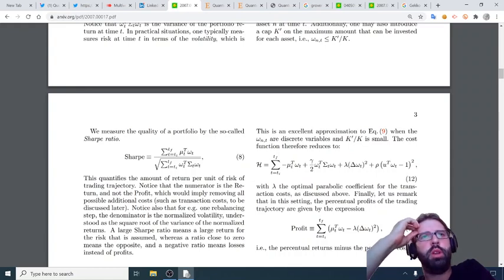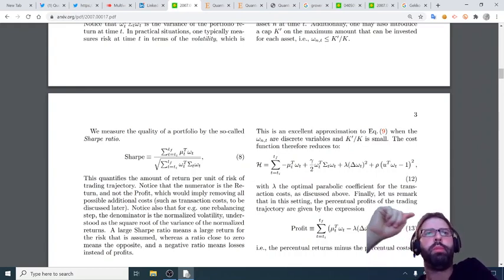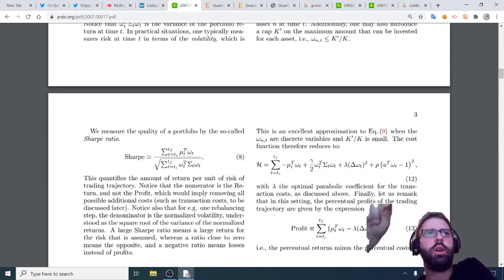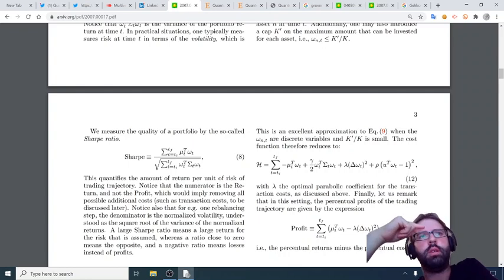Notice that the numerator is the return and not the profit, which would imply removing all the possible additional costs, such as transaction costs, to be discussed later. Notice also that, for example, on a rebalancing step, the denominator is the normalized volatility, understood as the square root of the variance of the normalized returns.